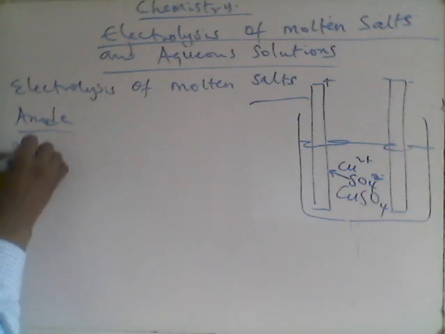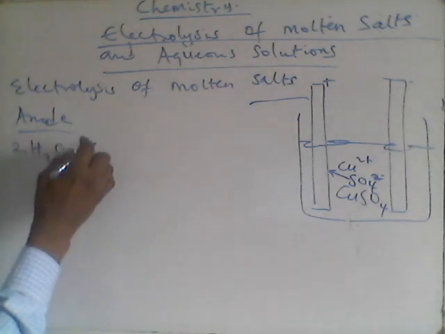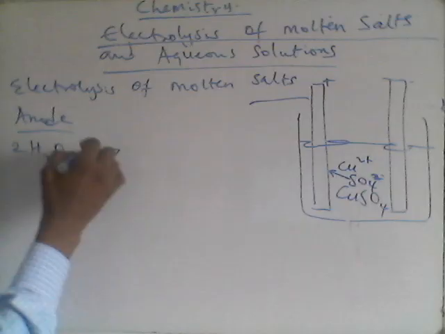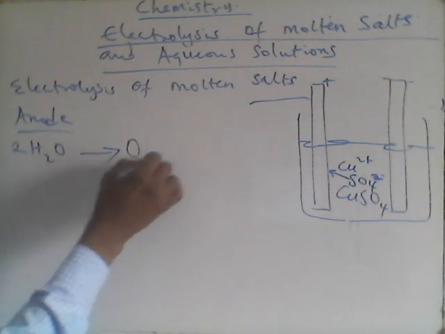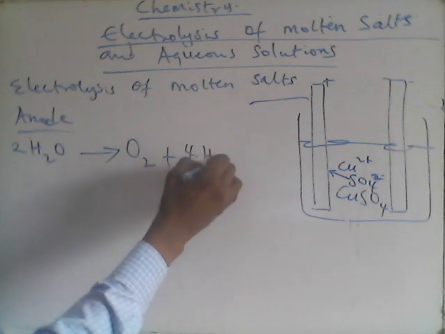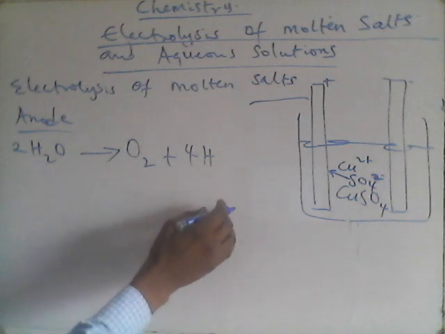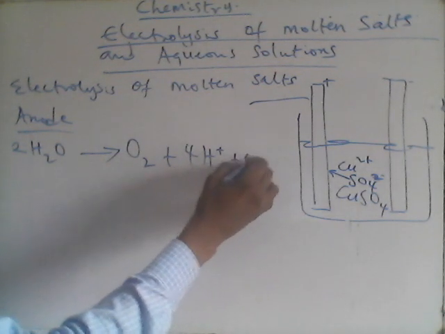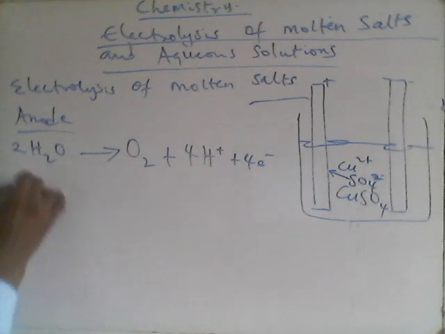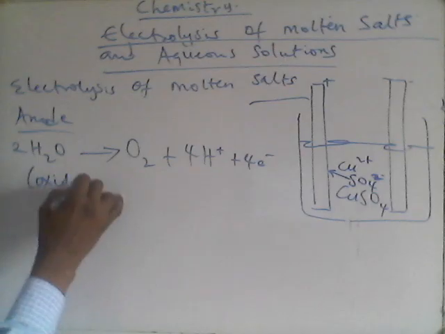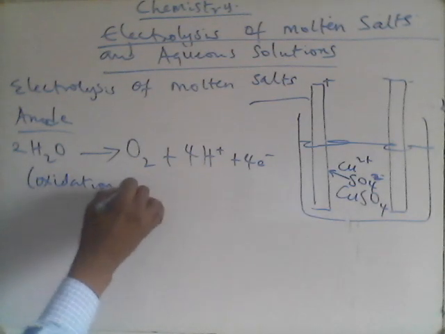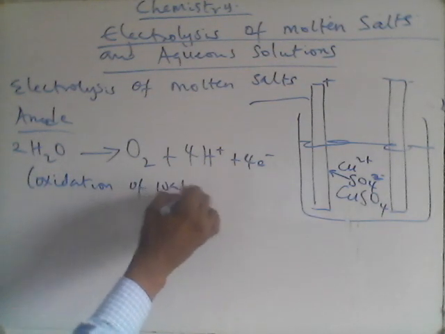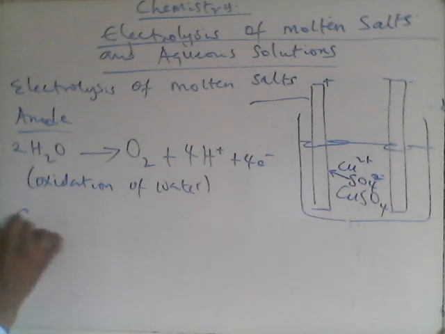It is water that actually migrates towards the anode, and oxidation of water occurs. So it goes to lose electrons, and oxygen is deposited at the anode.